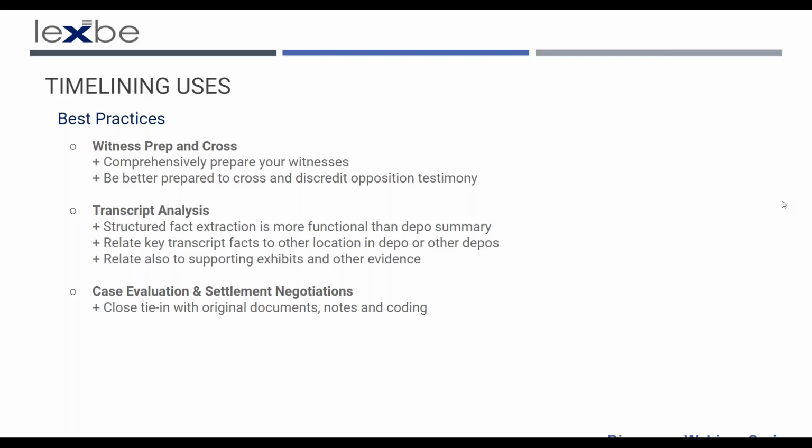You're protecting yourself against the leaking of those bad facts. You are able to tie in facts with the original documents and notes, and potentially counter what's being brought up by opposition, because if you have that timeline with you or in front of you, or you just know that you have a strong understanding of everything, again, you can counter on the fly when things are brought up in settlement negotiations.